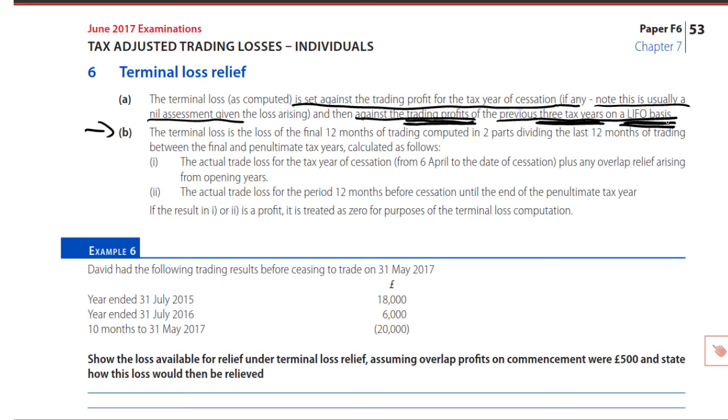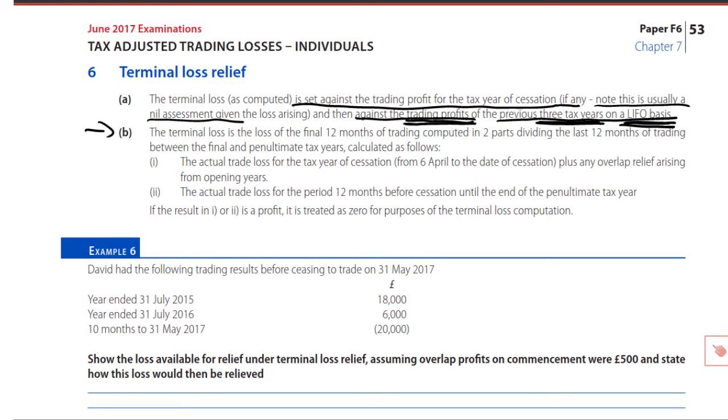But the calculation of the terminal loss is different to what we have seen already in computing the actual loss of the tax year. This has got its own very specific calculation, and it may lead to a terminal loss being lower than the actual loss sustained. And that's what we've now got to see.